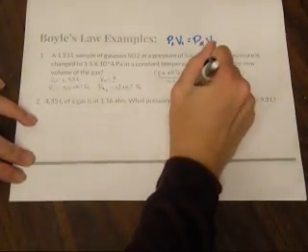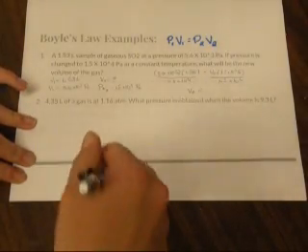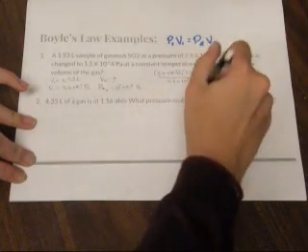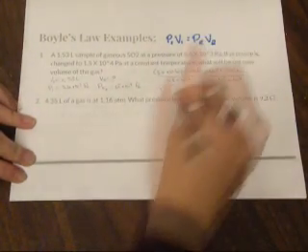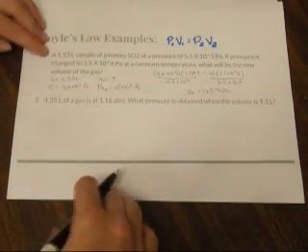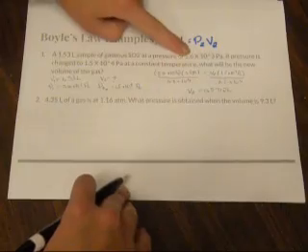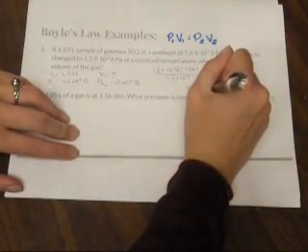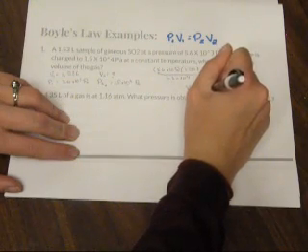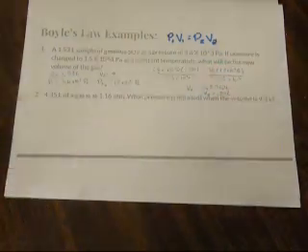So volume 2 is equal to 0.5712 liters. For sig figs, we need the least amount. This has 3 sig figs, this has 2, and this has 2, so we're looking for 2 sig figs. So volume 2 is 0.57 liters.